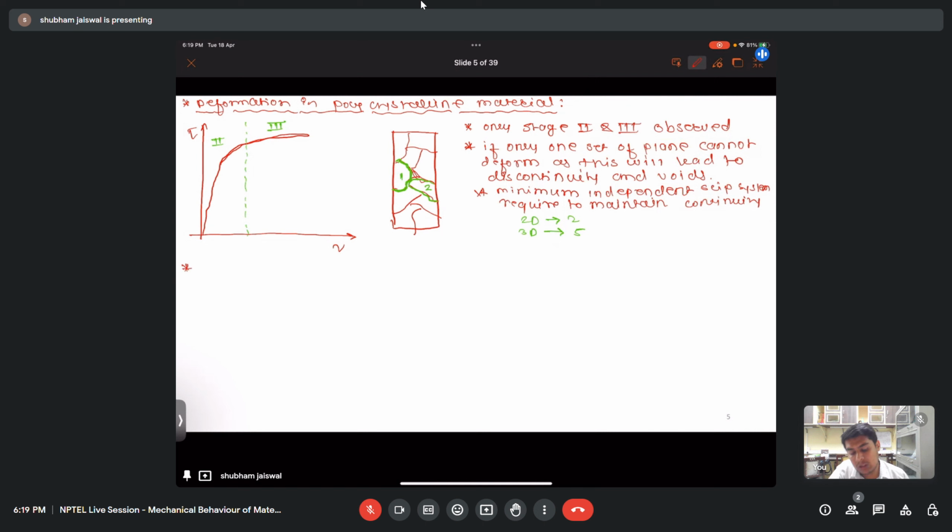Then after this we have seen the concept known as Taylor hardening. The Taylor hardening gives the relation between the shear stress of the material and dislocation density.